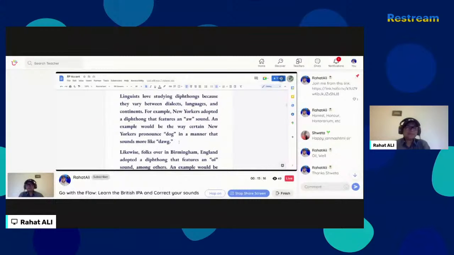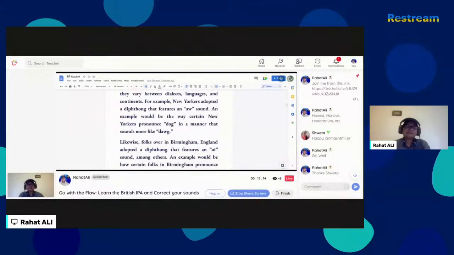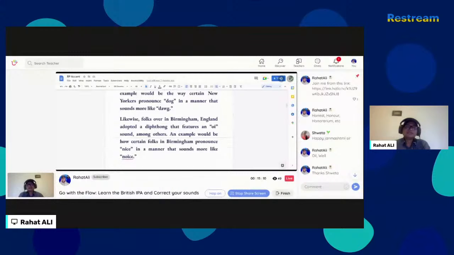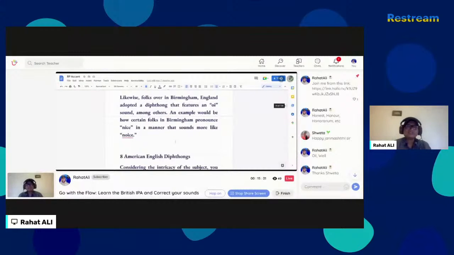Likewise, folks of Birmingham, England adopted a diphthong that features an OA sound, among others. An example would be how certain folks in Birmingham pronounce nice. Yes, that's right. They don't say nice, they say noise. And also, there is an expression from a British cartoon, jumping jellyfish. You see, these are the Brummie accent in a manner that sounds more like noise.